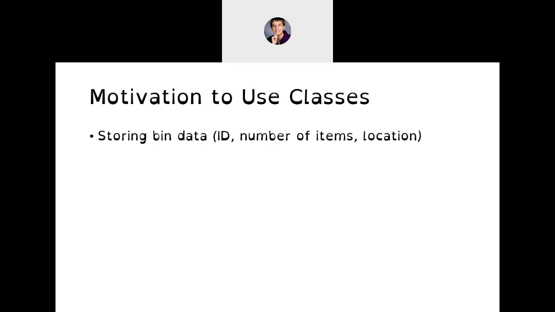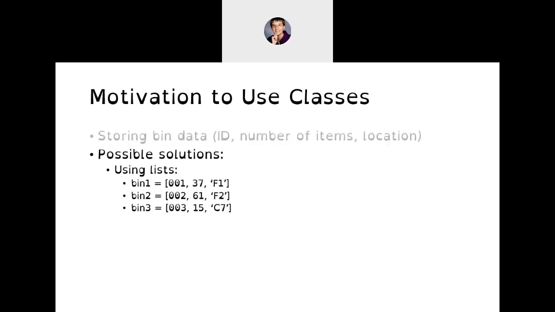So let's take, for an example, let's say I have a bunch of bins in my storage room. And for each of those bins, I have an ID, a number of items in that bin, and the location, right? And so if I'm just storing this, I could say, based off of what we've learned before, maybe I just want to use lists, right? And so for each list I have, for a certain bin, here's my ID, here's a number of items, and here's the location.